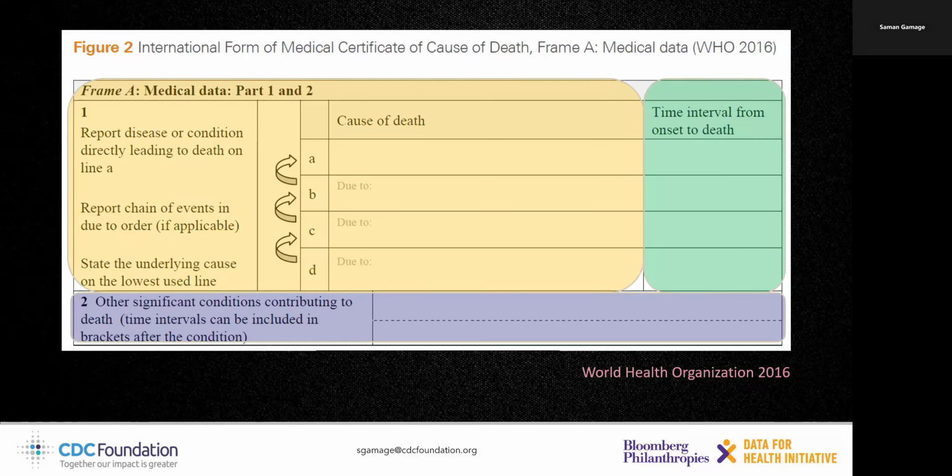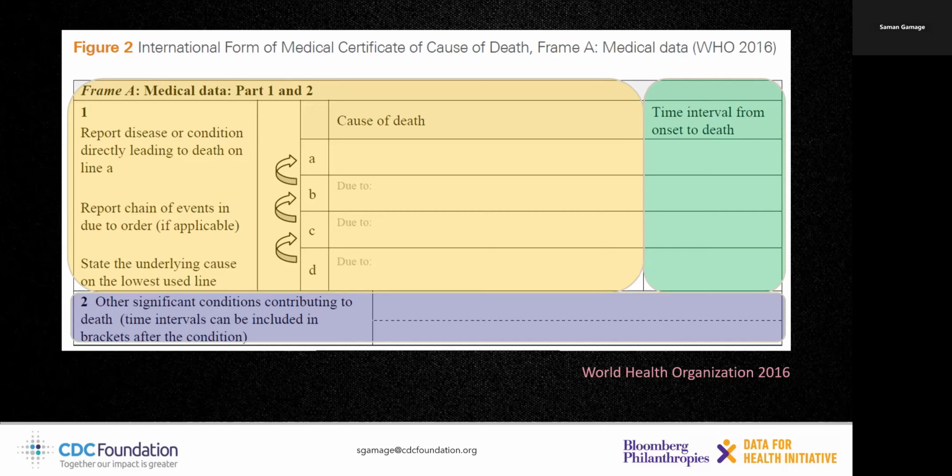Here is an image of the 2016 version of the International Form of Medical Certificate of Cause of Death. This is actually frame A of the Medical Certificate of Cause of Death. There's another frame B, which we will not discuss during this presentation.